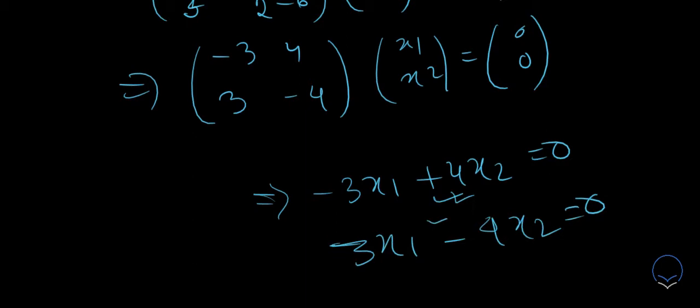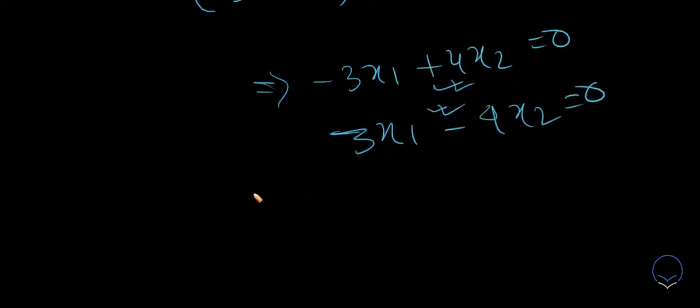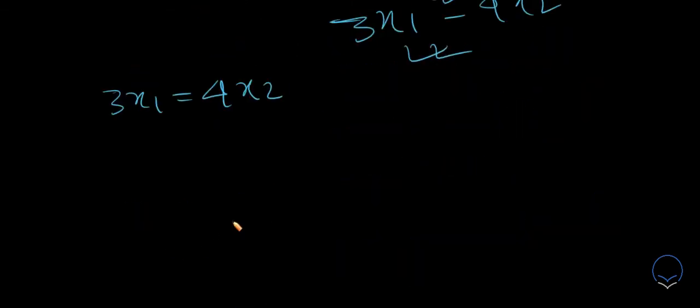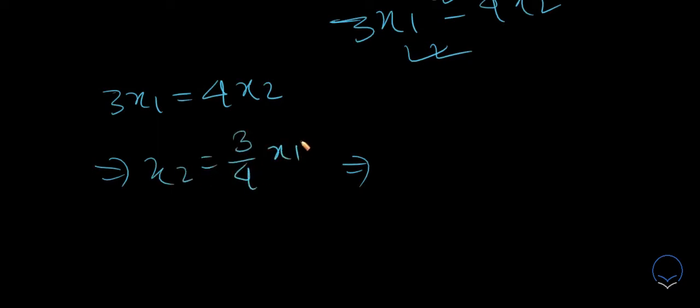So these two are basically the same equation, right? And if you just express x2 in terms of x1, one of them will be the ratio of the other. So the best idea is to just use one of these equations. Let's say I'm going to use the second one. This tells me that 3x1 equals 4x2, and I can say that x2 is just 3 by 4 x1, right?